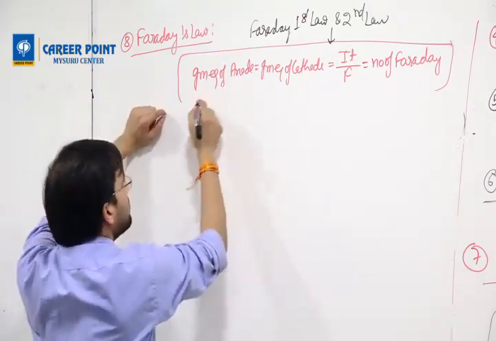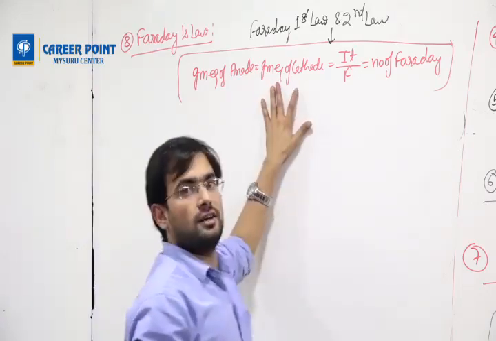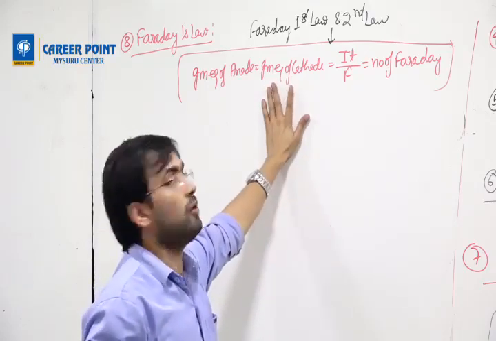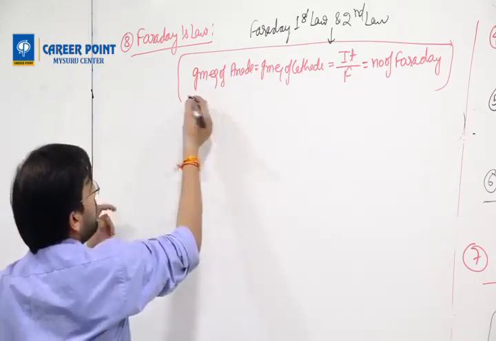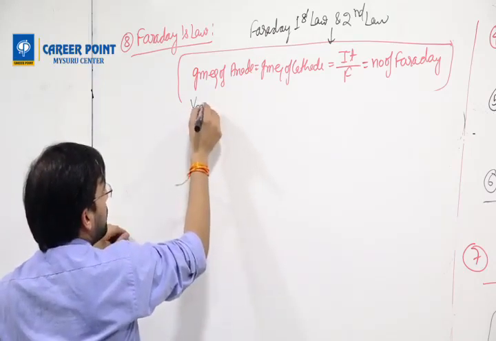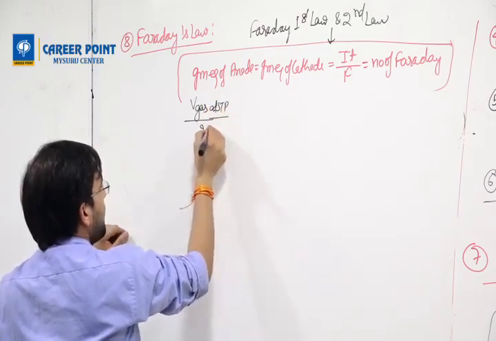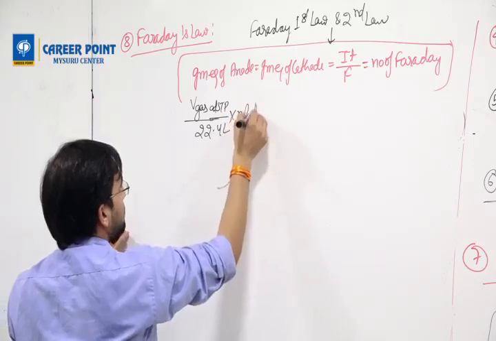This gram equivalent of anode, it could be what? Generally what happens is cathode undergoes reduction. So here you will have deposition, and here you will have evolution of gas. So I can write like this: volume of gas at STP divided by 22.4 liter into N factor.